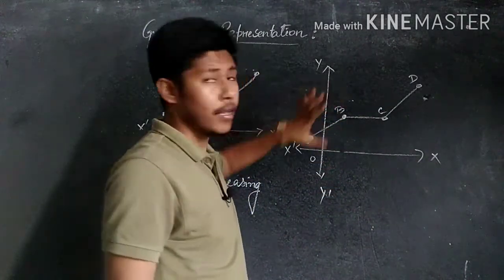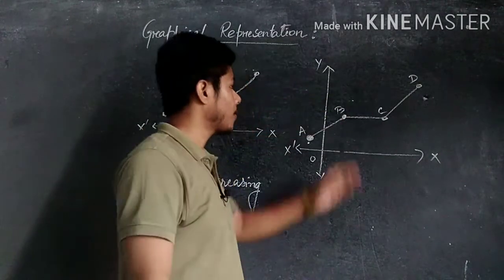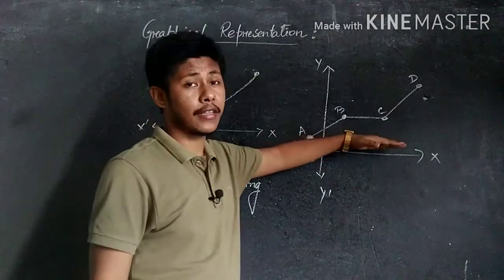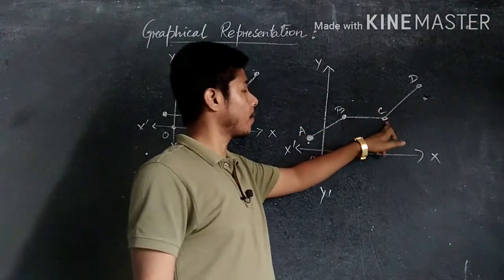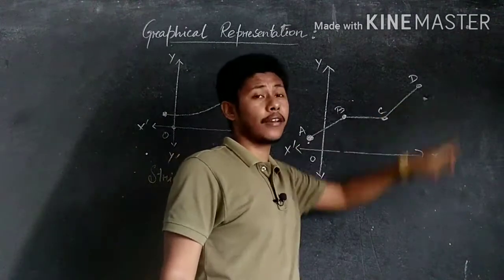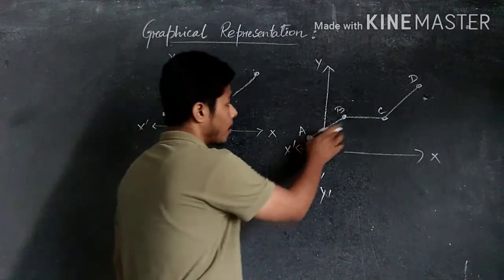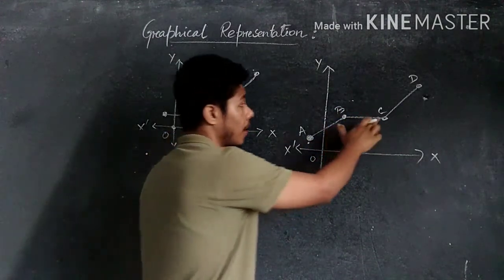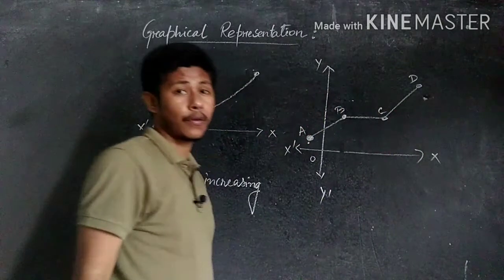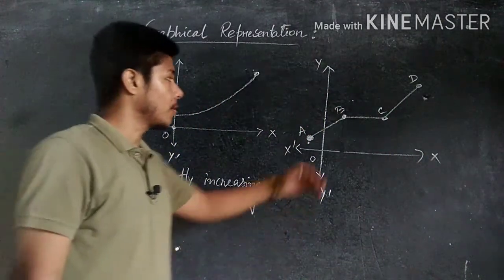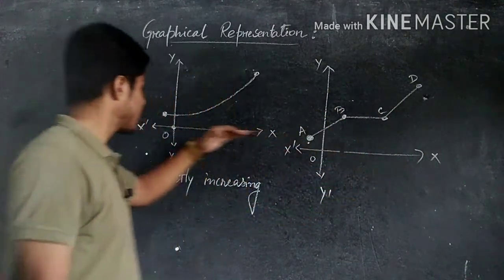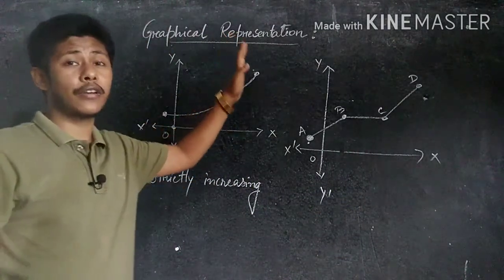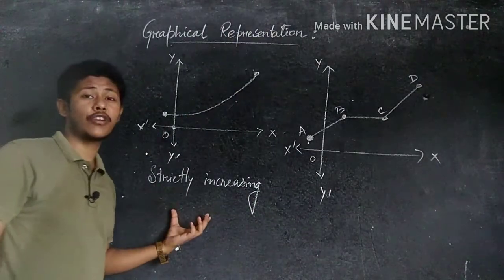So from A to B, the graph is increasing, but from B to C, the graph is not increasing, it is parallel to the x-axis. And after that, from C, the graph is increasing again. So from A to B it increased, from B to C it did not increase but is equal, and then from C to D the graph increased. If you get this type of graph, in the earlier case it was continuously increasing, so that's why we mention it as strictly increasing.